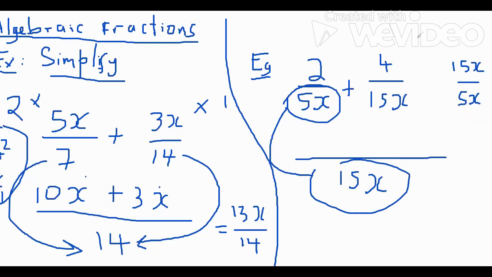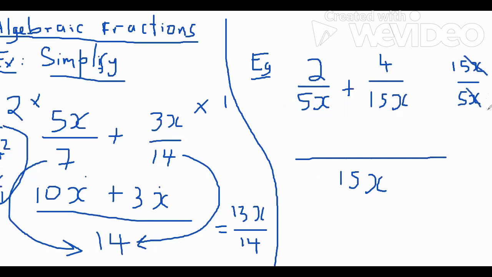I hope you're making notes. Then we cancel. The x cancels off. 5 into 5 goes 1. 5 into 15 goes 3. So 5x into 15x will just give you 3.